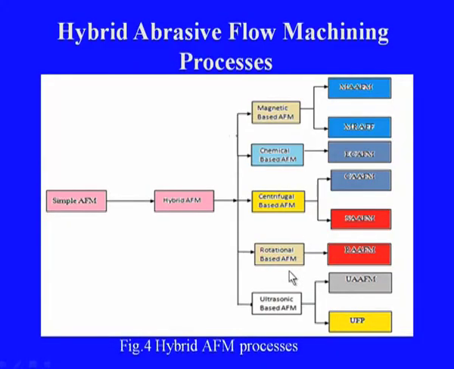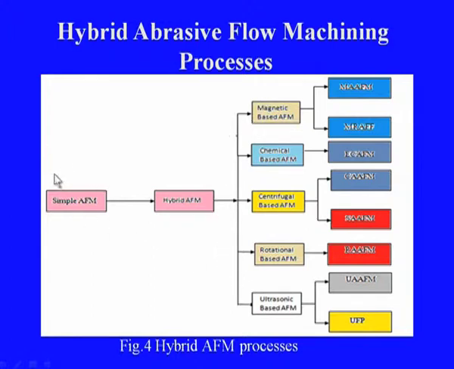Therefore, hybridization in abrasive flow machining is directed to improving the efficiency of the process in terms of higher MRR and to obtain better surface quality. Now, here are some of the hybrid AFM processes.